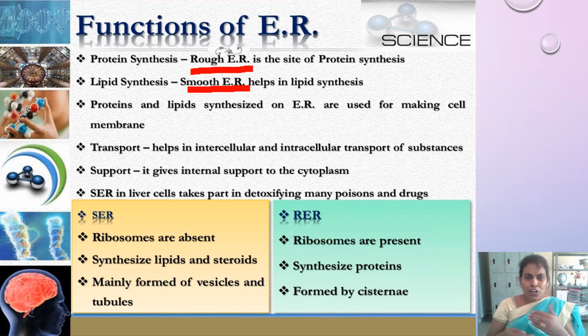Some of these proteins and lipids help in the manufacturing of the cell membrane. Whatever proteins and lipids are synthesized by the endoplasmic reticulum participate in the preparation of the cell membrane which covers the cell. This process is called membrane biogenesis. This is an important point, note it down: formation of the cell membrane is called membrane biogenesis.